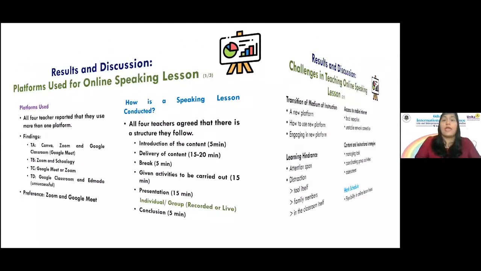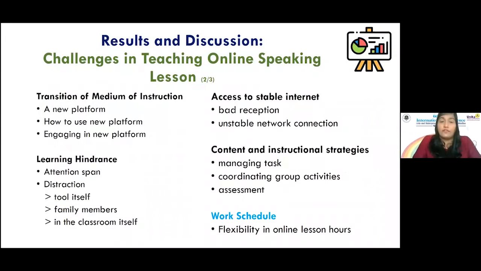So let's look at the challenges. After doing a thematic analysis of all the data that had been collected, we have come up with 5 challenges that teachers face in teaching an online speaking lesson. First is the transition from medium of instruction. So these are things that, according to these teachers, they have taken for granted.